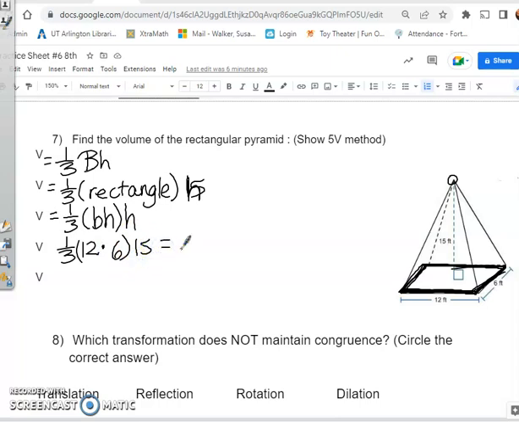So if you're at home, you can do with a calculator 12 times 6 times 15, press enter and then divide by 3. If you have one of the calculators at school, you press Control divide, 1 down 3 over, then press times 12 times 6 times 15. Okay? I would practice with that calculator.